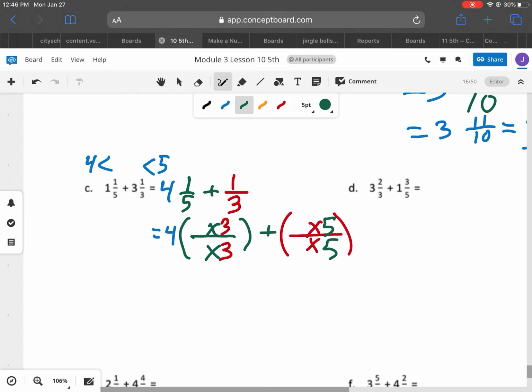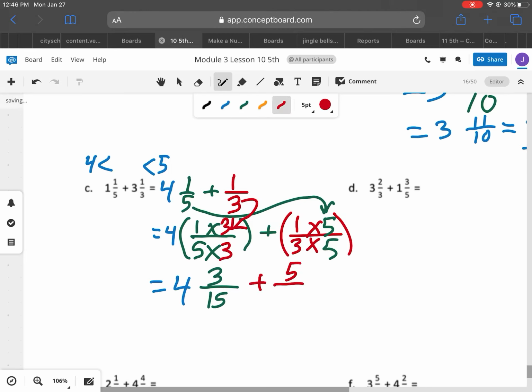Again, I'm doing this a little different so that you can see that the 5 is going over here and the 3 is coming here, both on the top and the bottom. My 1/3 is coming from the problem itself. Okay, 5 times 3 is 15. 1 times 3 is 3.